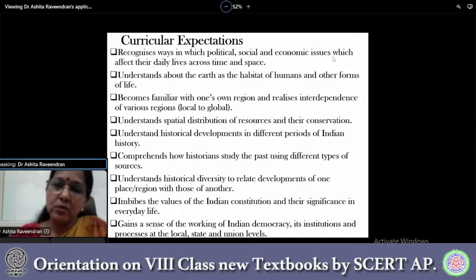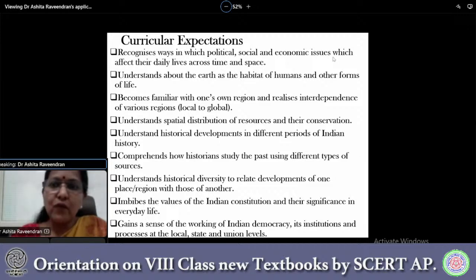We also have to think about sustainable development, as well as the conservation of resources, how they can be recycled, how they can be reused. So all these things should be the concerns of the child. This child needs to understand how resources are spatially distributed, how scarce they are in different regions, and the need for their conservation.